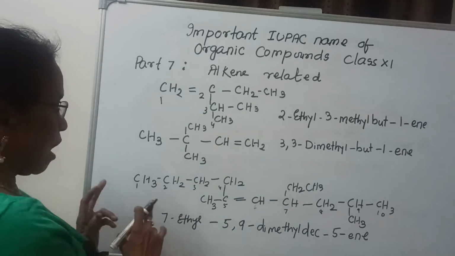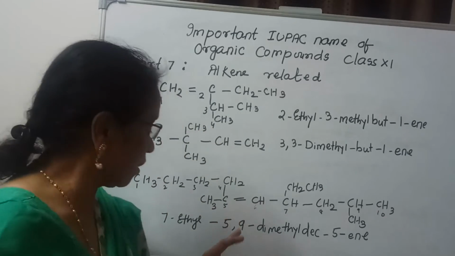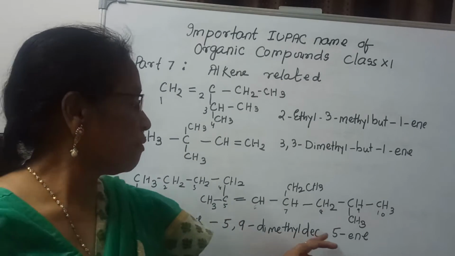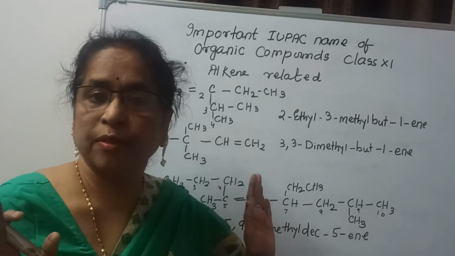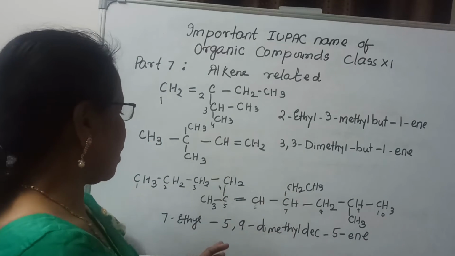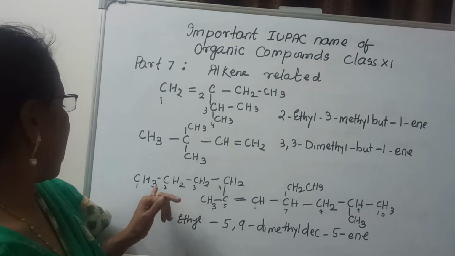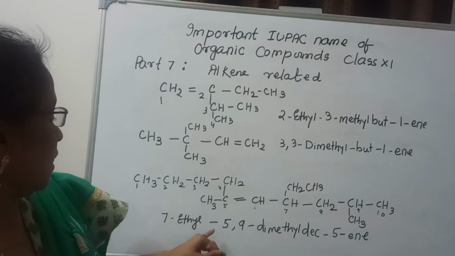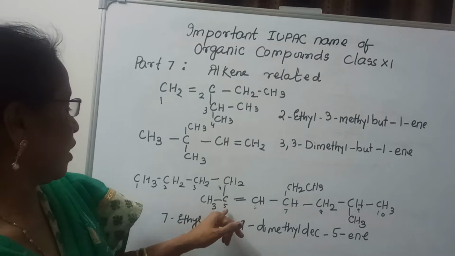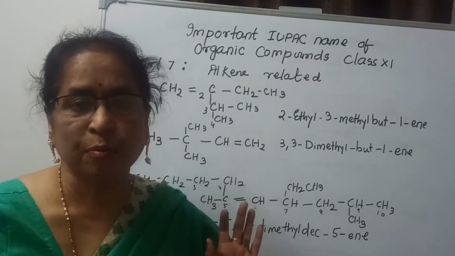Only one. After 1 2 3 4 5, after 5 there is a double bond, that is why here see 5-ene completed. And 7 ethyl, and also 9 position methyl group. Yes, sorry, in 5 position there is a methyl group, in 9 position there is a methyl group.